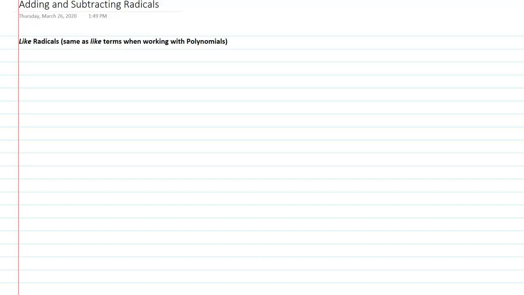Alright, today we're going to deal with adding and subtracting radicals, and the very first thing that we have to do is make sure that we know what like radicals are. It's pretty much the same as working with like terms when we dealt with polynomials.